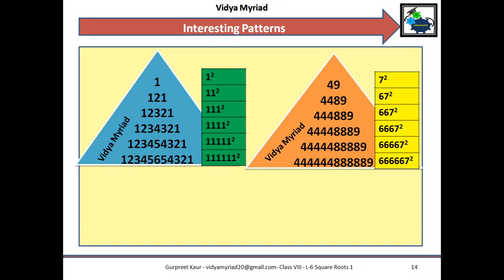Your maximum is going till 6 and going backward, so there are 6 ones and the square. Same way, if you look into the orange one, it is in a form of 67 square, double 6 7 square, triple 6 7 square, 4 6 7 square, and like this and so on. Like this, there are many interesting patterns in the squares.